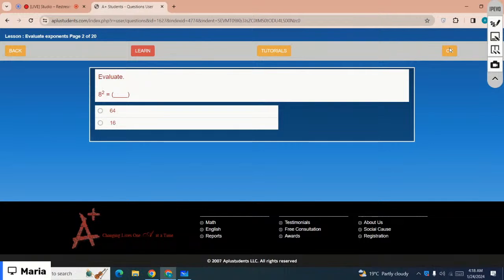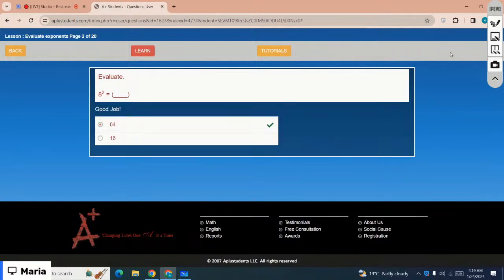You have to do 8 square, right? That means you need to multiply 8 two times. Very good. That is 8 times 8 is 64. The correct option is 64. Very good.